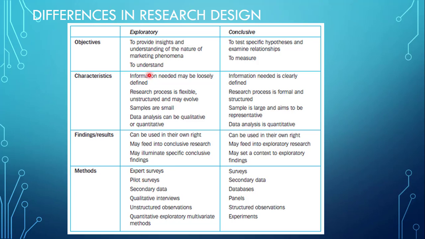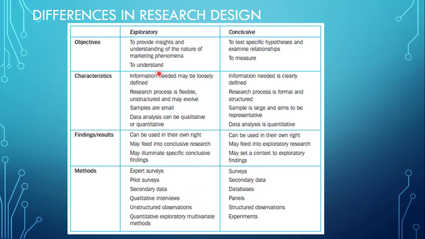In exploratory, you are going to use secondary data, and in conclusive you are also going to use secondary data. So these are the similarities between exploratory and that of conclusive. You can use secondary data for both.